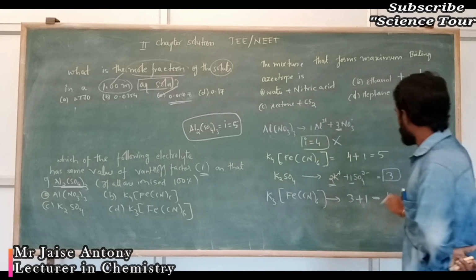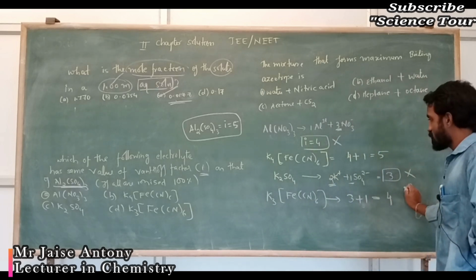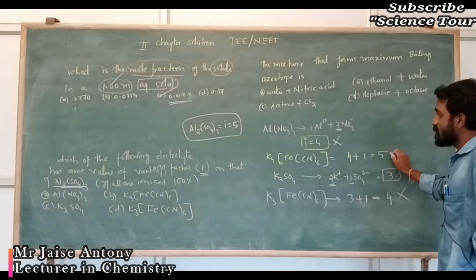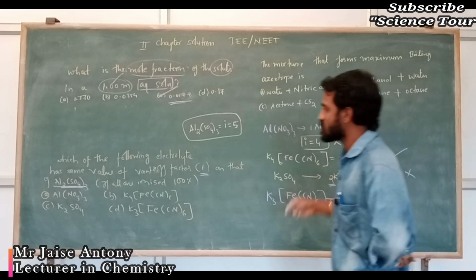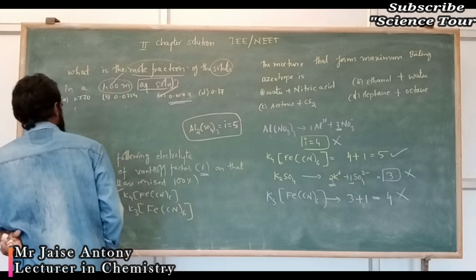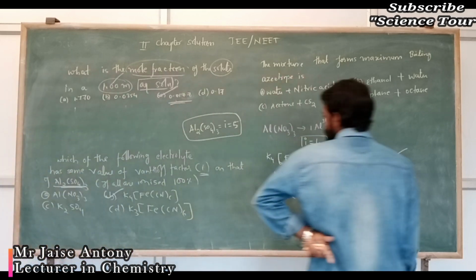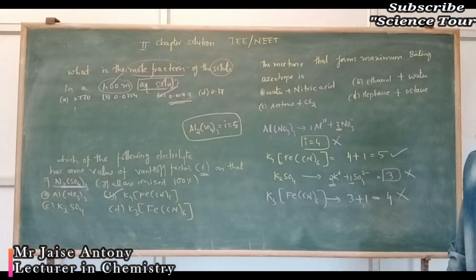Potassium sulfate is 3, not matching. Potassium hexacyanoferrate with K3 is not matching, but potassium hexacyanoferrate K4, this is matching. Which option is correct? Option B is correct. Same Van't Hoff factor.